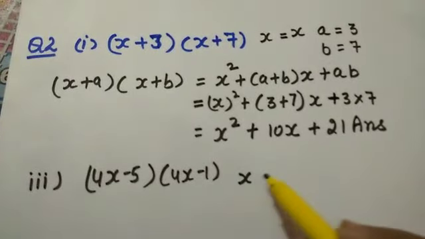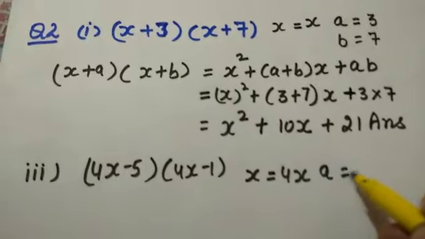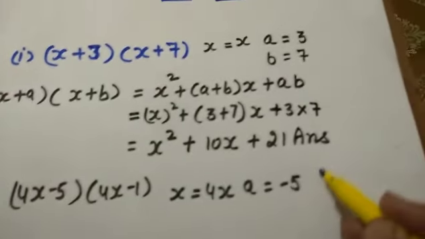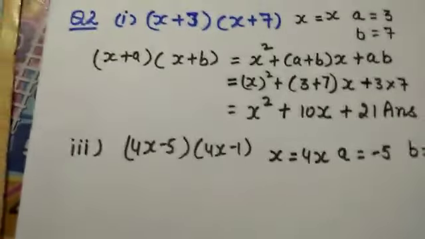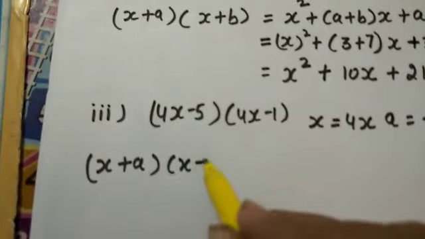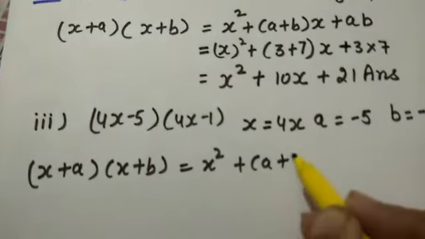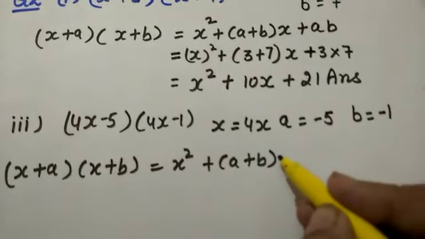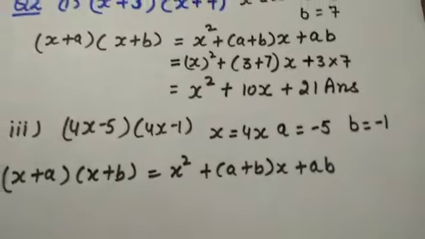Now the value of x we have 4x, value of a is −5 and the value of b is −1. Now identity (x + a)(x + b) equals x² + (a + b)x + ab.